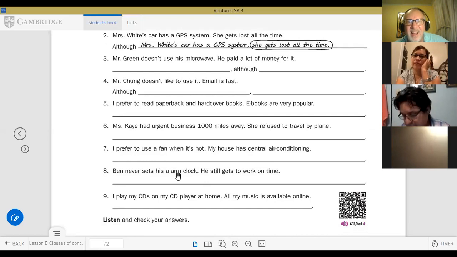All right. I prefer to read paperbacks and hardcover books. Ebooks are very popular. Okay? So what's the fact and what's the surprise? The fact is ebooks are popular, right? Which one do I put with although? Should I say although ebooks or although I prefer?